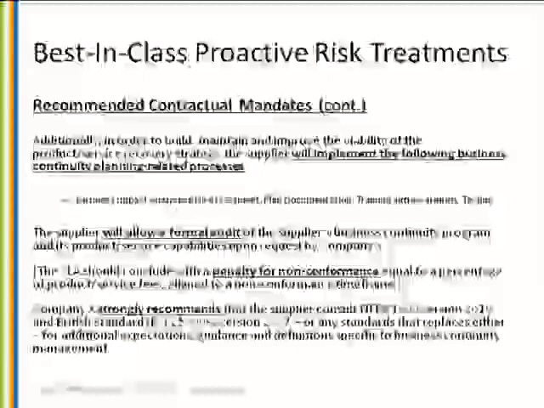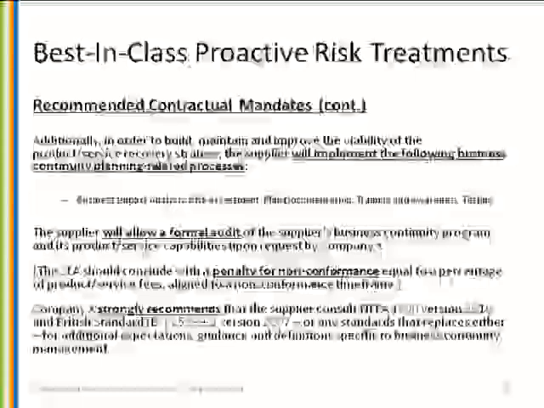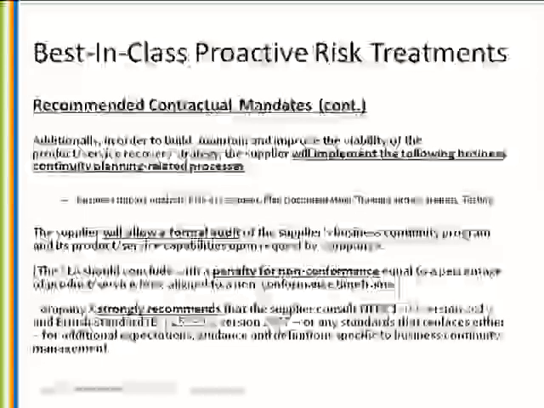This slide offers a continuation of those contractual mandates. One of the important points is to define business continuity planning related processes that the buyer expects the supplier to implement. It's easy to say, yes, implement business continuity, and leave that up to the interpretation of the supplier, but calling out specific activities is very important as evidence of an effective risk management posture.